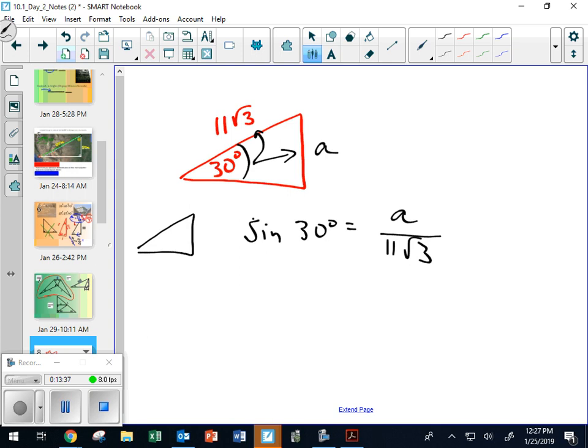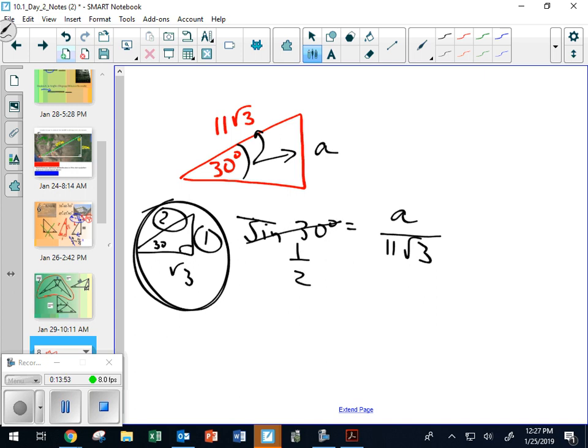You go off to the side and you say 1, 2, root 3, and you say, what's sine of 30 by looking at this? See, by having this triangle memorized, you can say, oh, sine of 30, that's opposite over hypotenuse. It's 1/2. Sine of 30 is 1/2. And that's how you can get your little proportion.